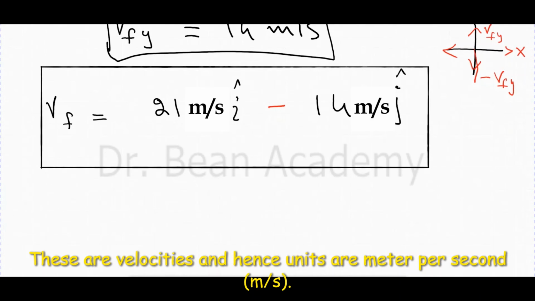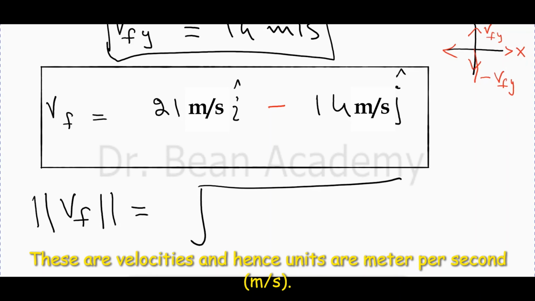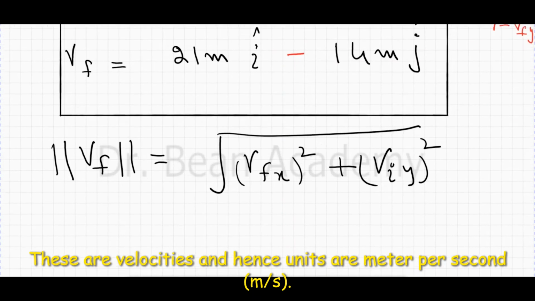And if you want to find the magnitude of this velocity vf, which we usually represent like this, or sometimes with double bars, it is the square root of vf of x squared plus vf of y squared.